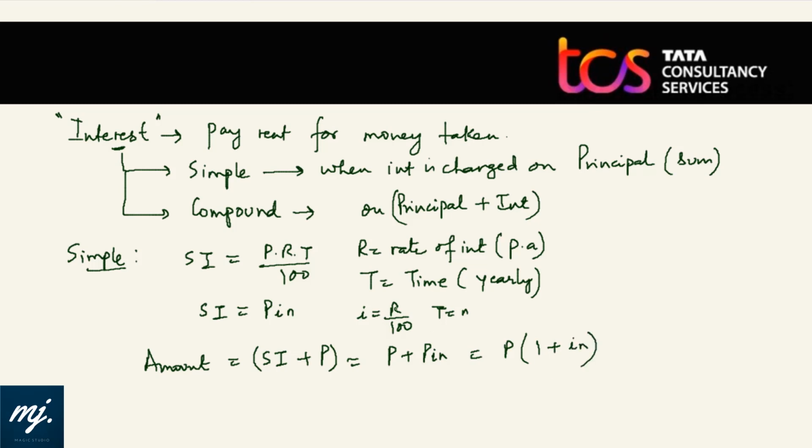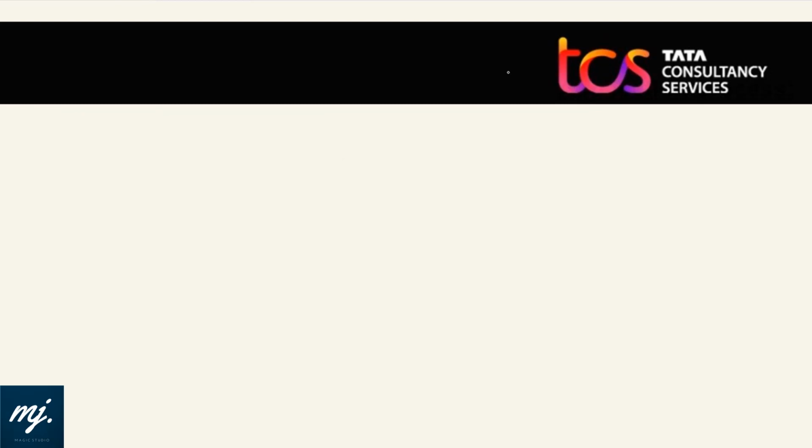We know what is I: I is R by 100, and N is nothing but the number of years. Mind this, N is always yearly, so I and N need to be worked out accordingly if it is not yearly. So those were the two simple formulas which we use in simple interest.